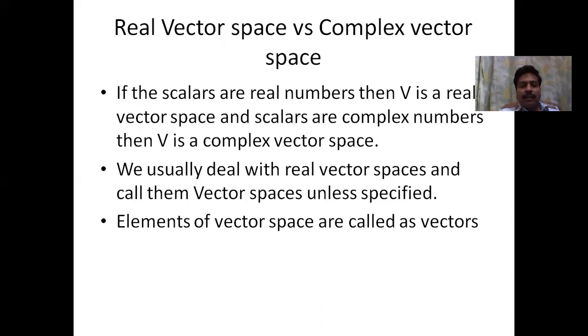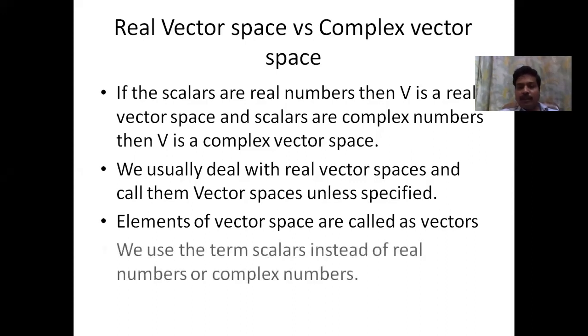It is already seen by us. The elements of a vector space are called vectors, and the numbers, real or complex, are called scalars. So hereafter we use these two terms: scalars and vectors. I'm going to repeat it again. Vector does not mean a vector in physics.